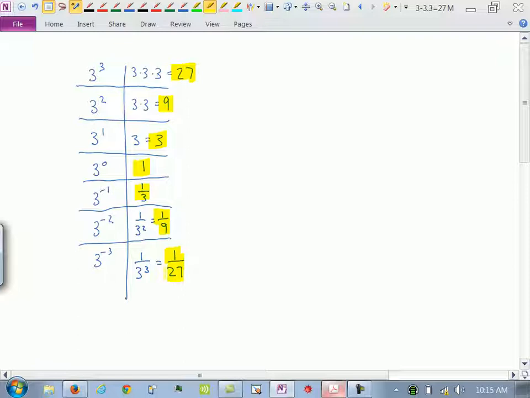I've filled out the table. See if yours looks anything like mine. And if any of those you don't get, just raise your hand. I'll come by and take a look at what you got. Yeah, so all you have to do now is just do the powers on those.